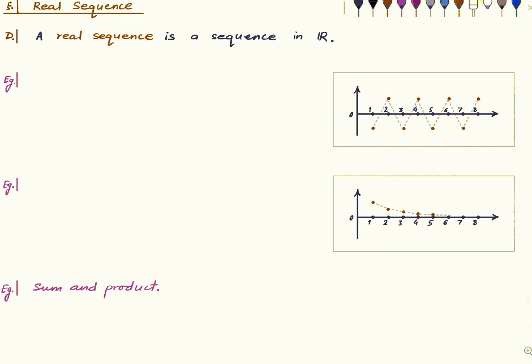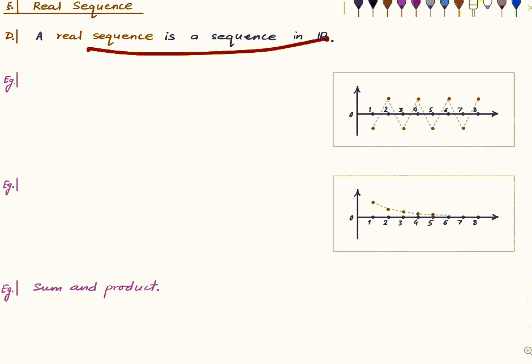One more thing I want to say is that sometimes we start a sequence from 0. This can also be called a sequence in X. Here you're just changing the indexing set. Let us not waste time on such small things.